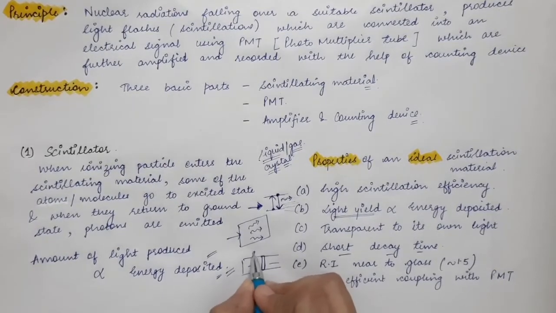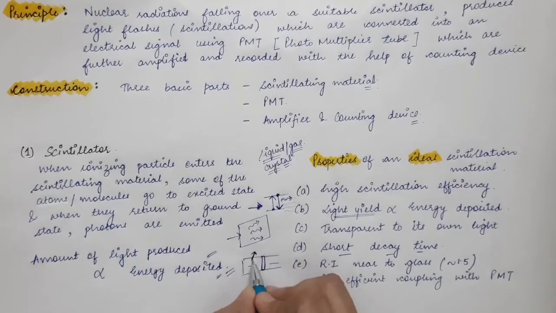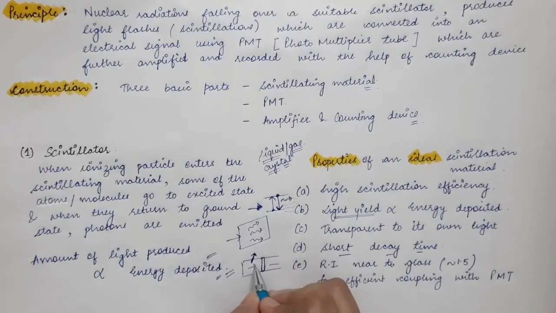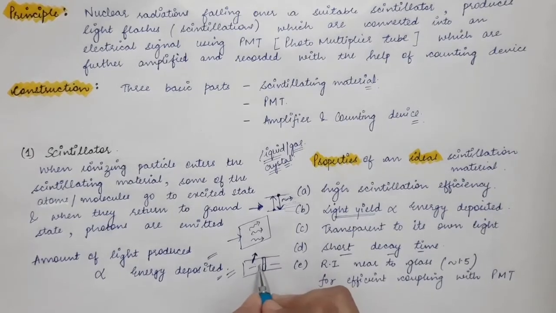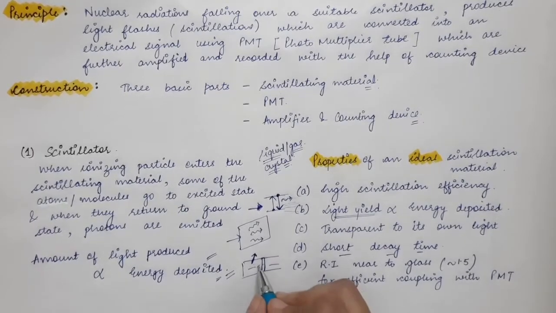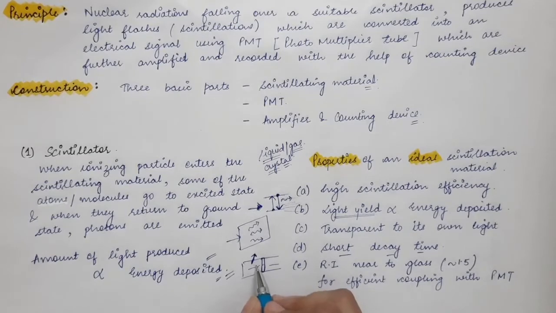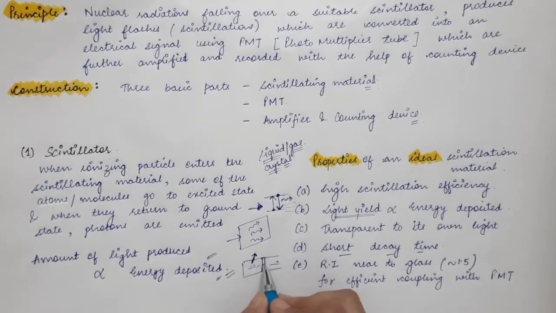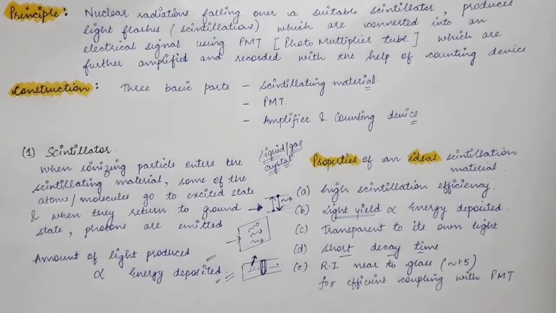The scintillating material must be coupled efficiently with this glass, and for efficient coupling its refractive index must be near to that of glass.